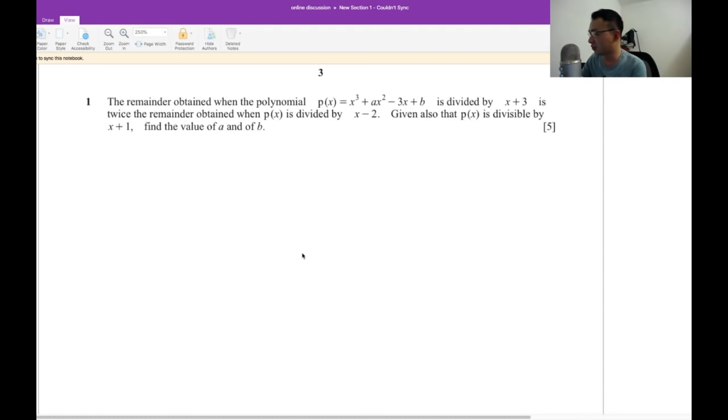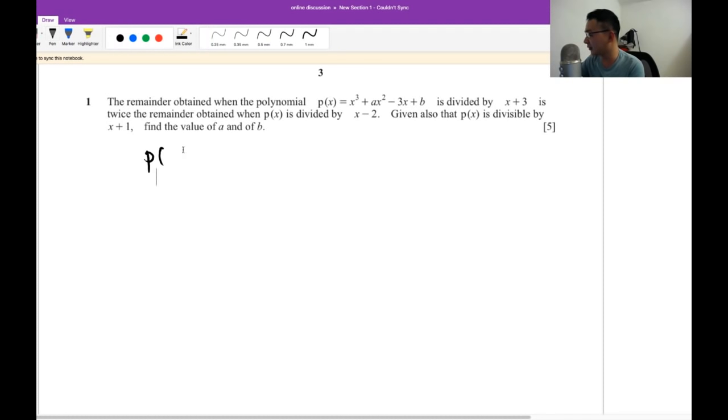So you should know that when you divide by x plus 3, I will say p(-3) equals twice, so double the remainder when you divide by x minus 2. Normally we use f, but since the question gives us p(x), we will just use p(x) over here.